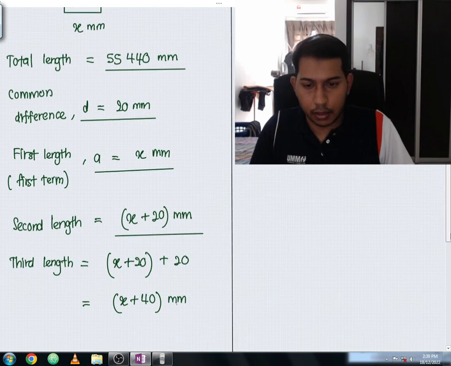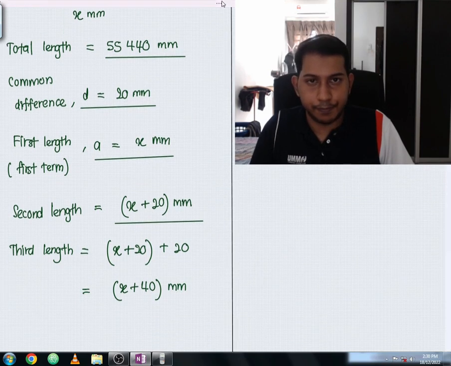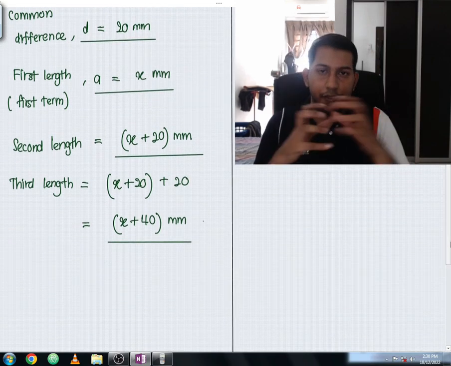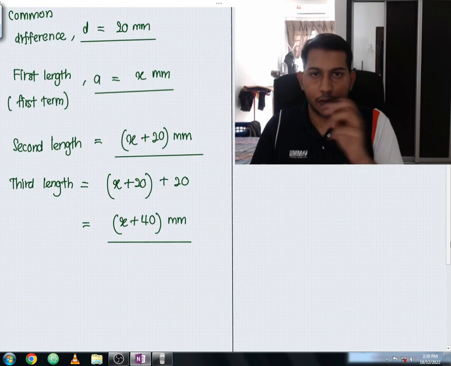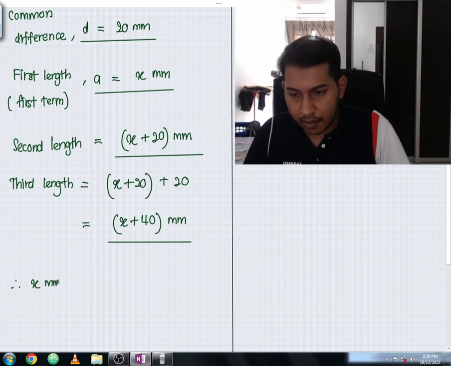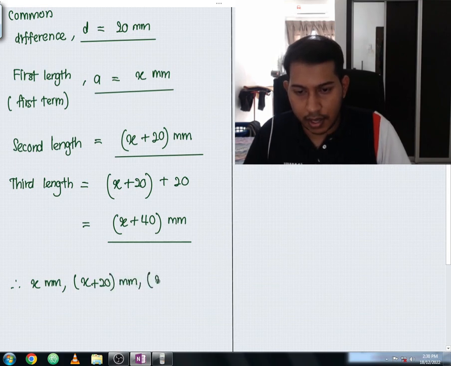Okay, so let me underline this. Since the question asks us to write the first three terms, let us write them in progression form. Therefore, your first term is x millimeter, your second term is x plus 20 millimeter, and your third term is x plus 40 millimeter.